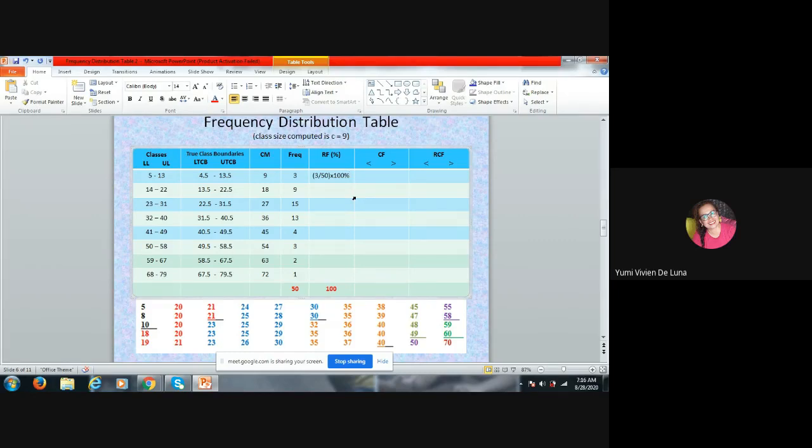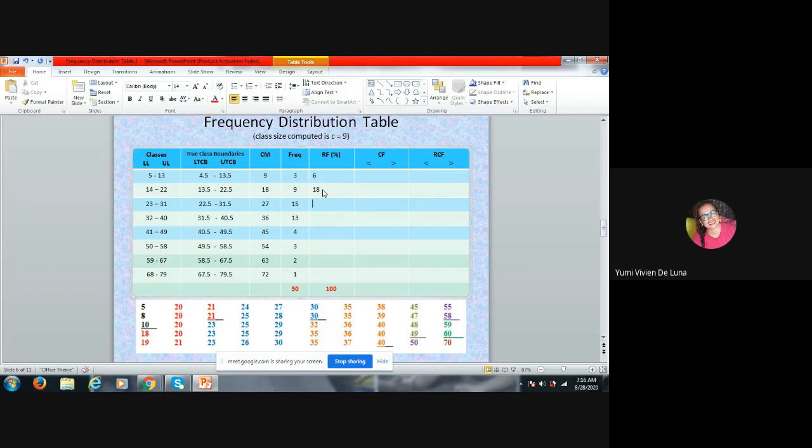Given that formula, 3 divided by 50 times 100% will give us 6%. Okay, I'm not showing the formula, just remember it. So that's 6%. Okay? So next would be 9 divided by 50 times 100% will give us 18%.